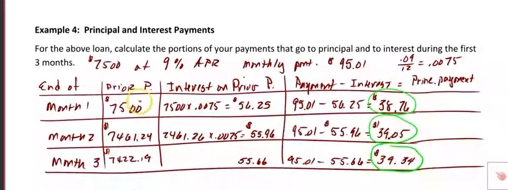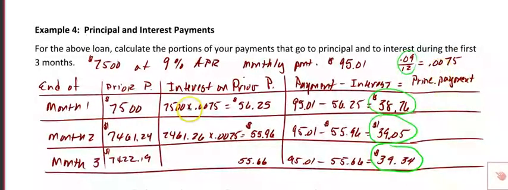So for month 1, my principal is $7,500. Now, remember, in our earlier example, we multiplied by 0.01 because that was 12% interest divided by 12 months. Well, here we have 9% interest divided over 12 months, and 0.09 divided by 12 is 0.0075.